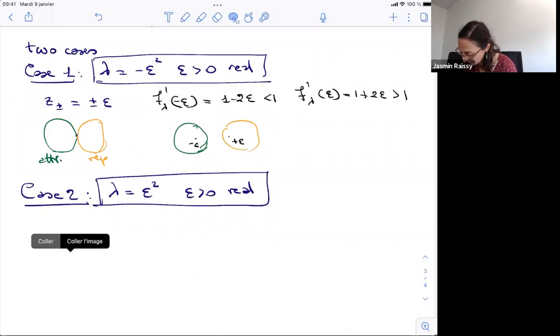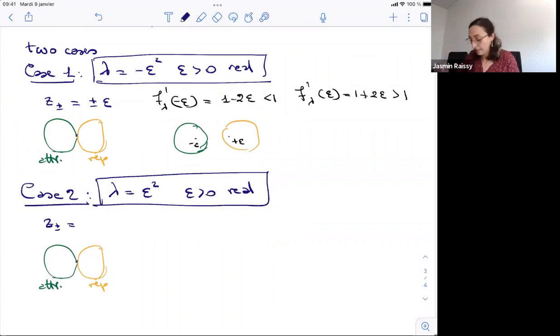Let me put it here. So this time my two points have moved, but on the vertical line. So they are plus and minus i epsilon, and this changes everything because now F lambda prime at plus and minus i epsilon is simply 1 plus or minus 2i epsilon.